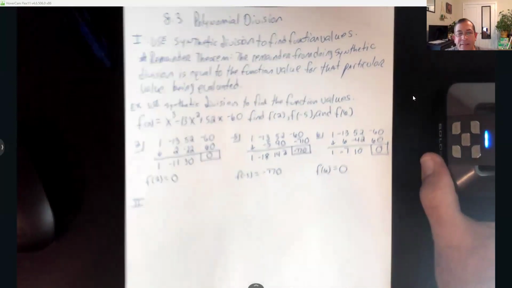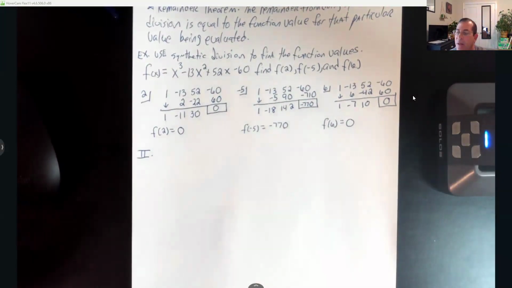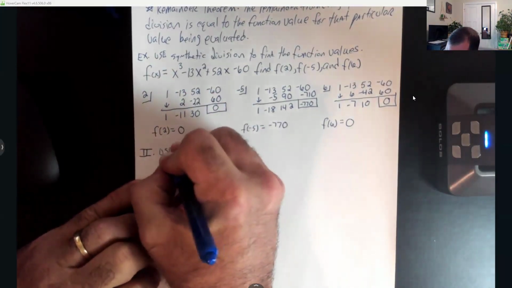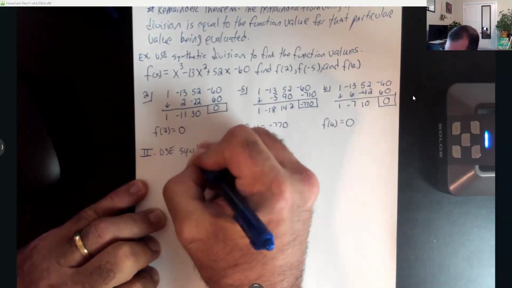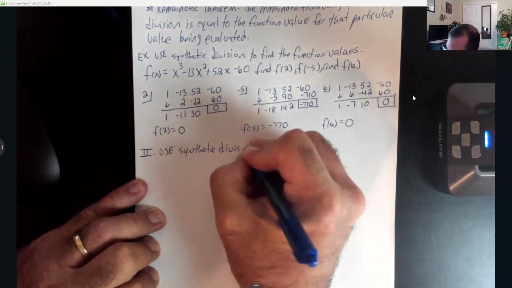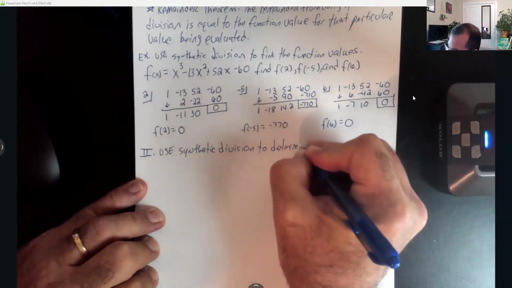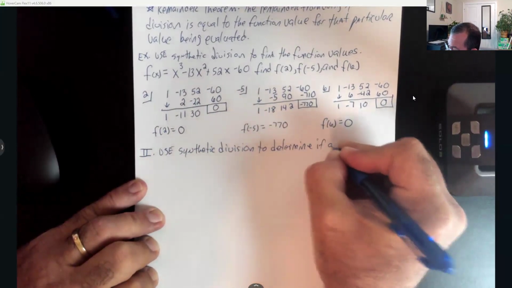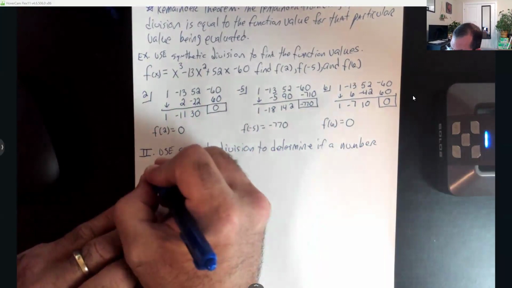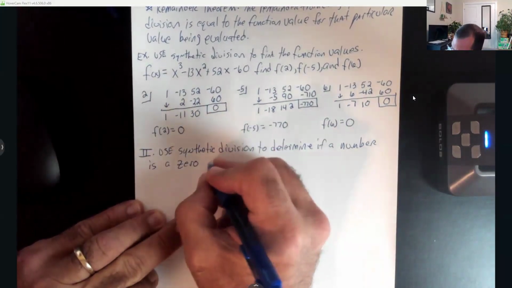So what is the second reason I would use synthetic division in college algebra? So we use synthetic division to determine if a number is a zero of a function.